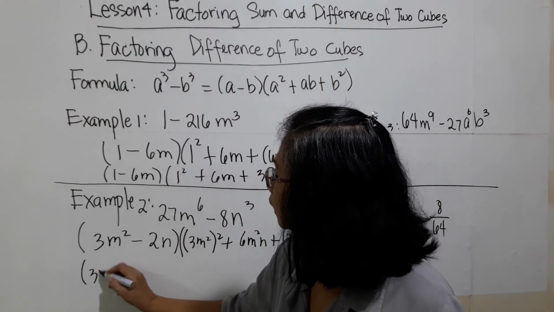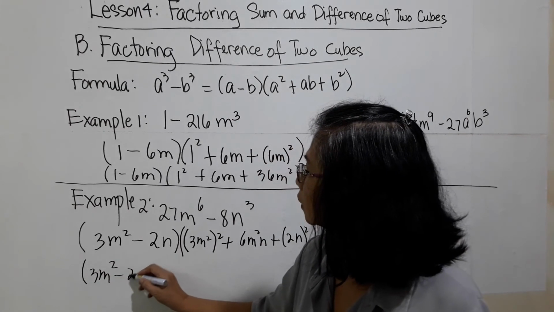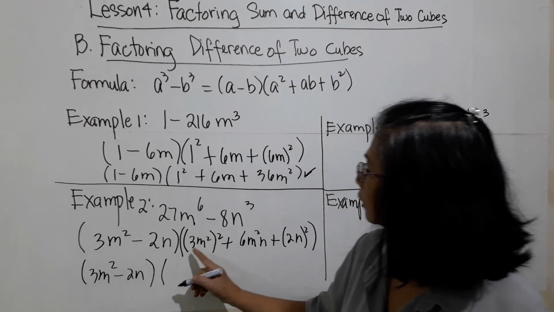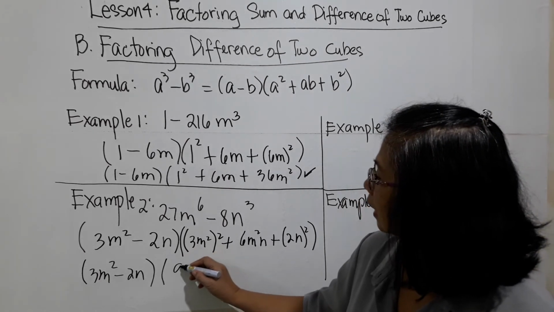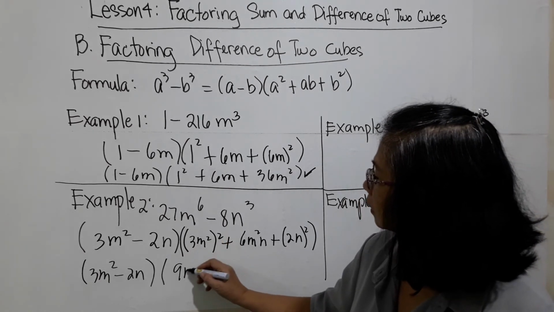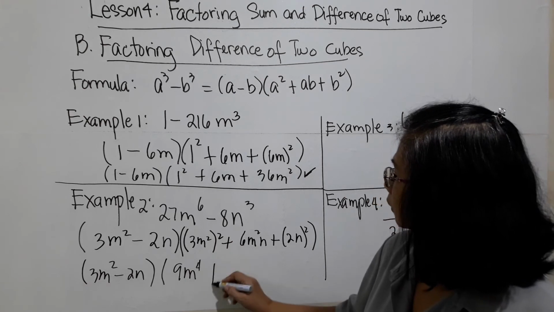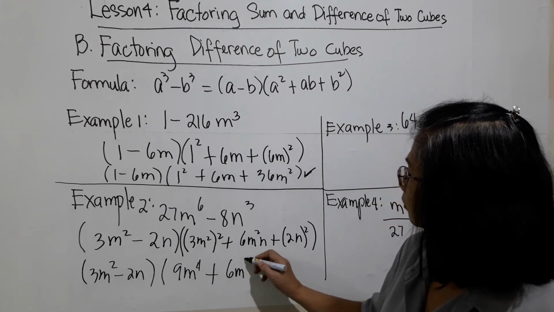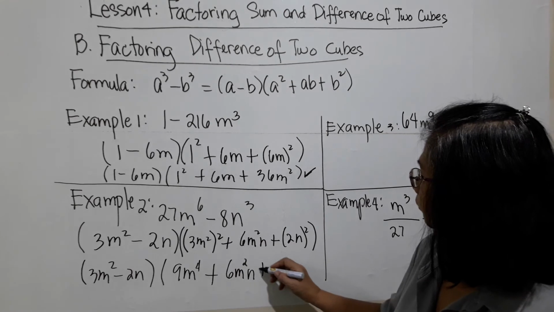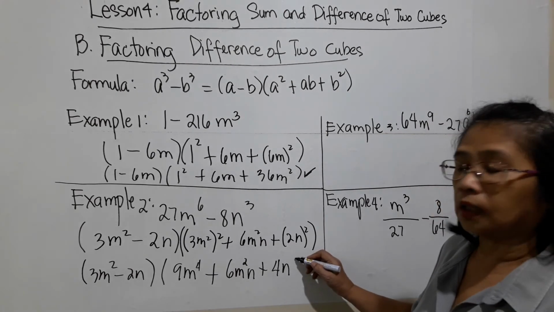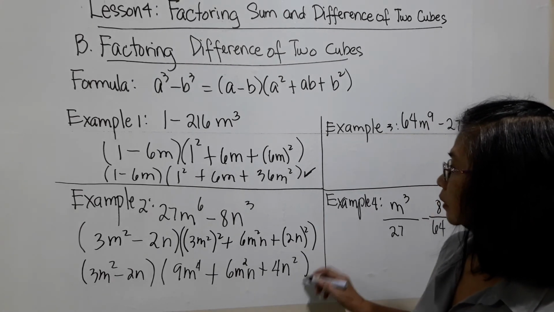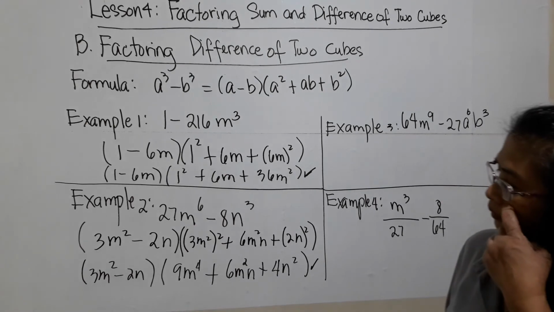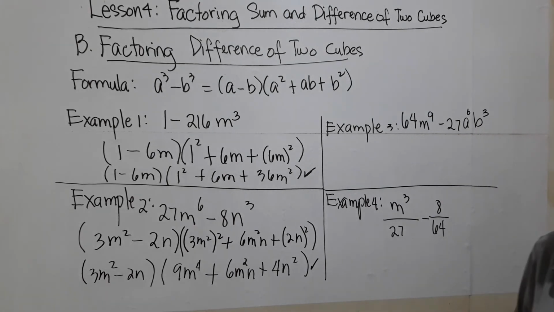We have now 3m squared minus 2n, and this is 3 squared is 9m squared squared is m to the 4th, plus 6m squared n plus 4n squared. So this is the correct final factors of 27m to the 6 minus 8n cubed.